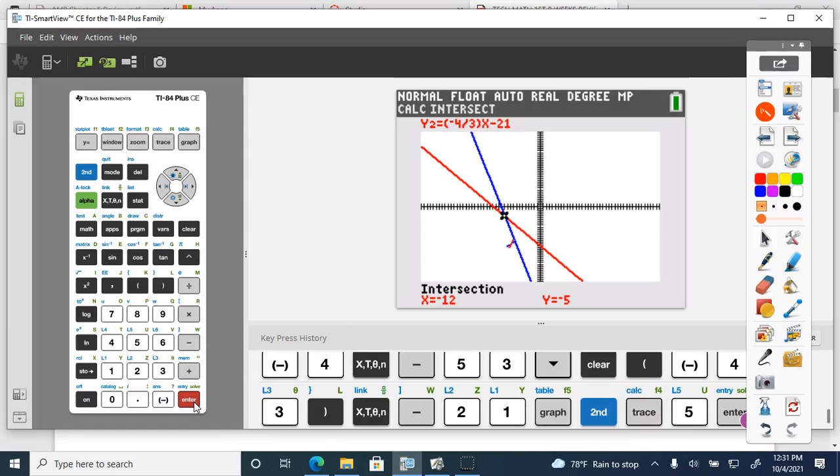Again, the answers are in the back. -12, -5 is correct. Everybody good on number 8? Everybody good? Braden, you good? Okay, this was the stuff you missed.